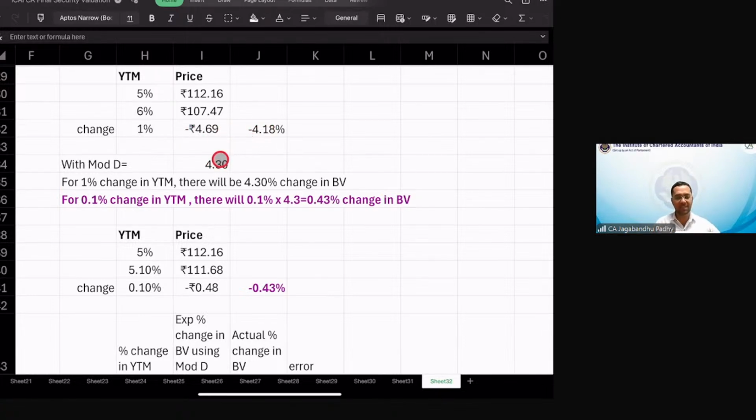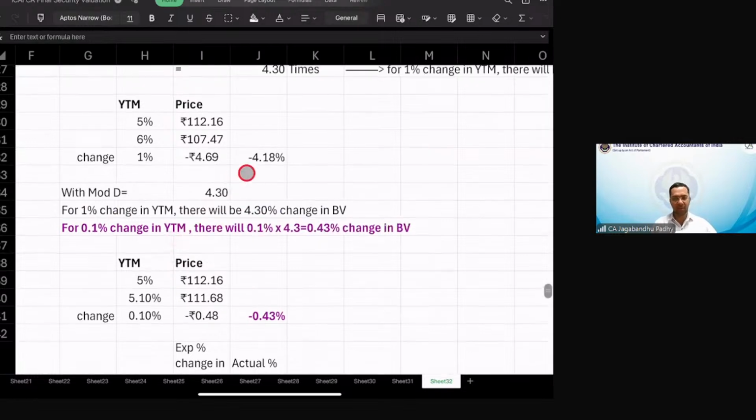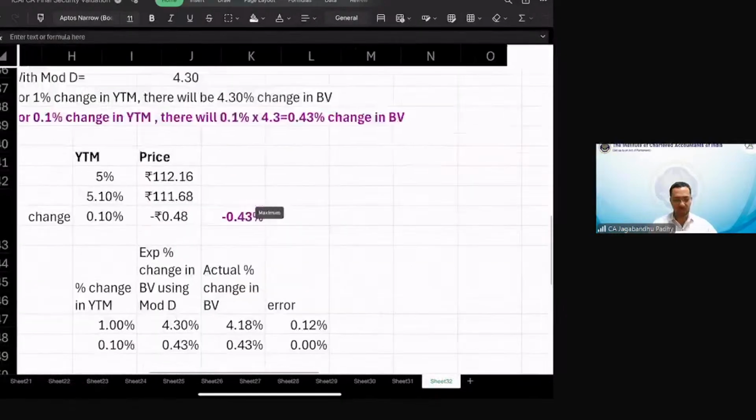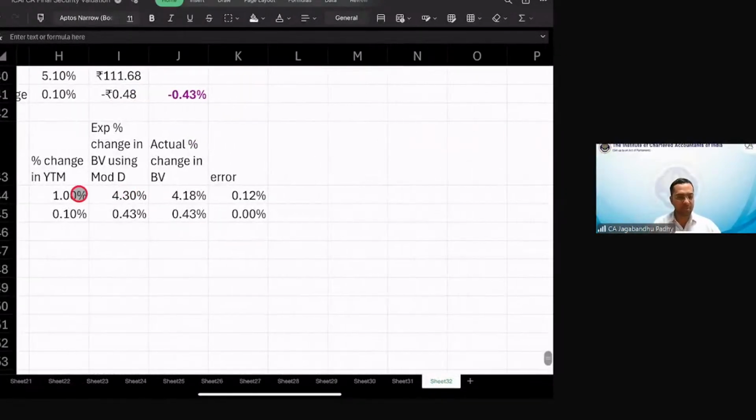And we were expecting 4.3%. So there is a bit of error, an error of 0.12%.